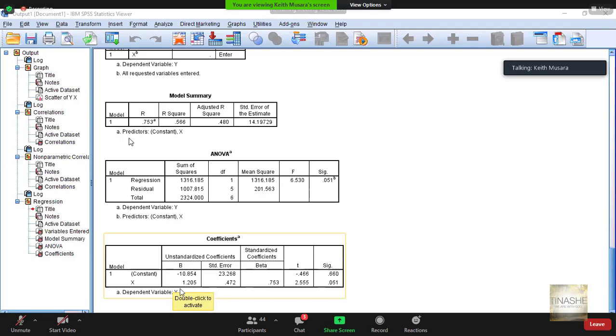So if you had to write the equation of the model, you're going to say y is equals to minus 10.854 plus 1.205 xi or x1. Or in this case, it's particularly x, not xi. So it's y is equals to minus 10.854 plus 1.205.